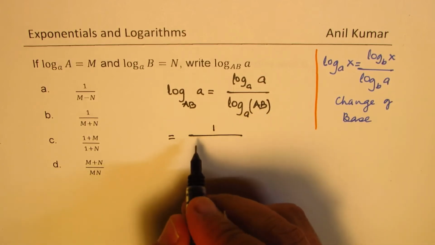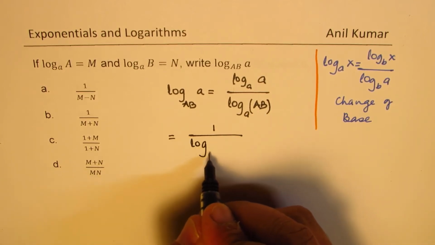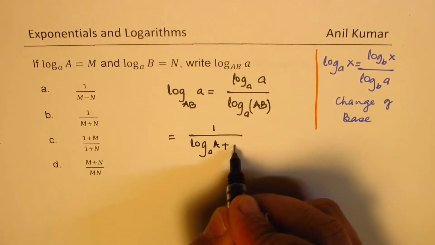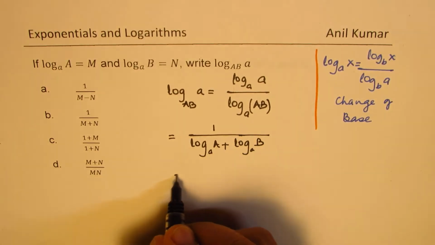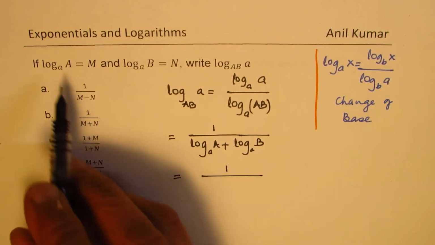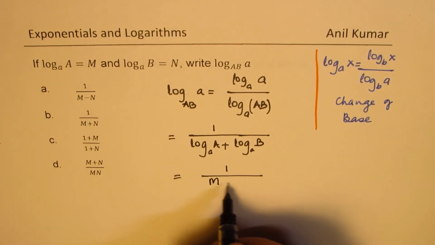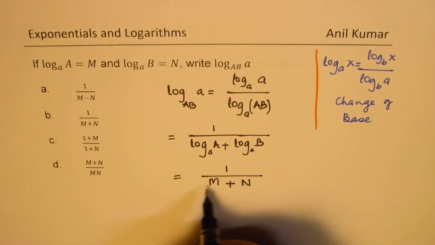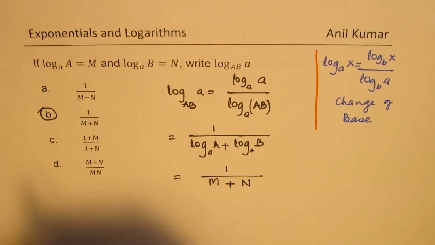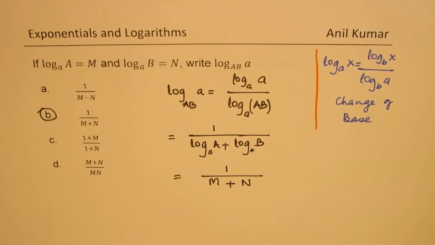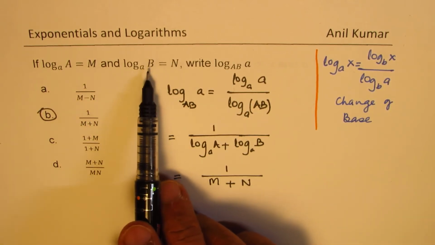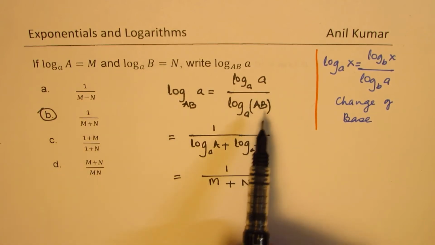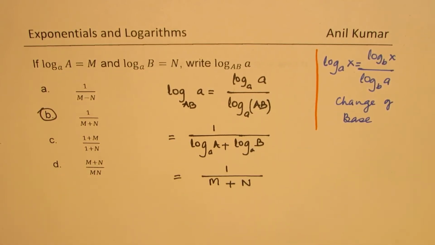Now that is a product rule, so we say log to the base a of a plus log to the base a of b, right? So that is 1 over, that is M here, plus N. So we get 1 over M plus N, which is option B, and that is the right option. Is that clear to you? So if you change the base to the product of a and b, then you get something like this.